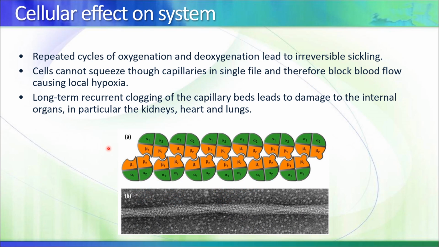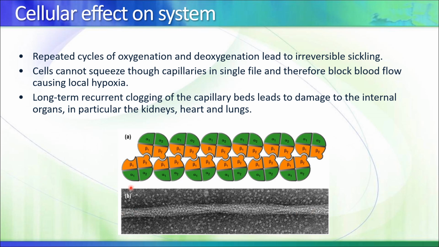So what happens here is that with repeated cycles of oxygenation and deoxygenation, that would cause clumping and clustering of the hemoglobin molecules. Okay, now it would look something like this. So you have an array of molecules clustered to each other.